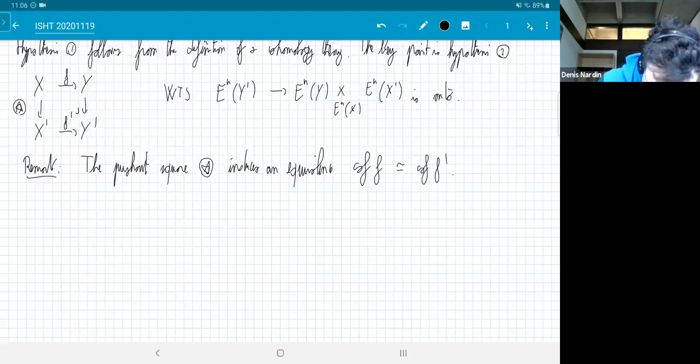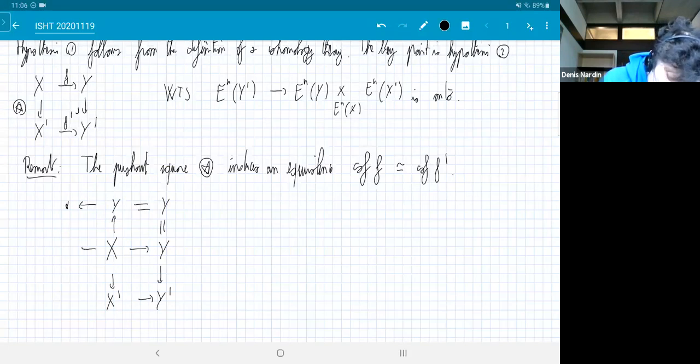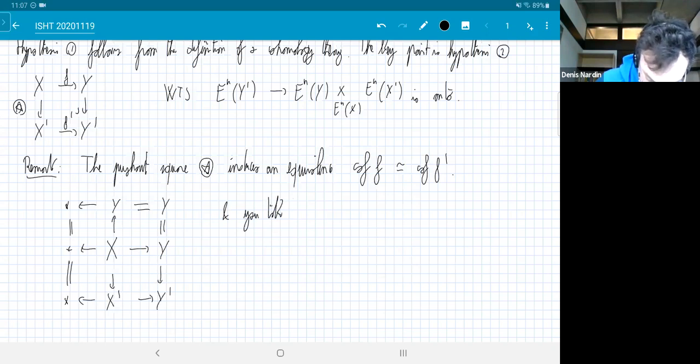I'm sorry about that. And you take the colimit of this diagram in the two directions.